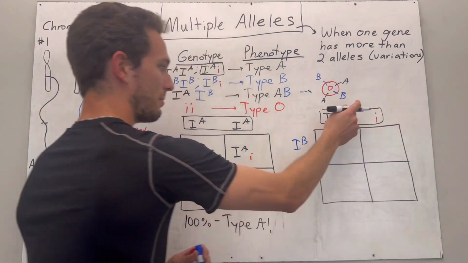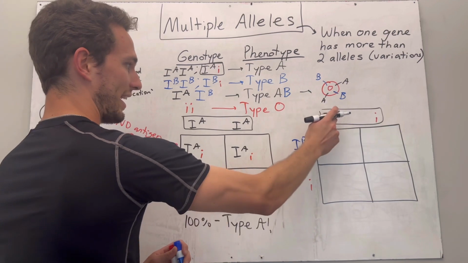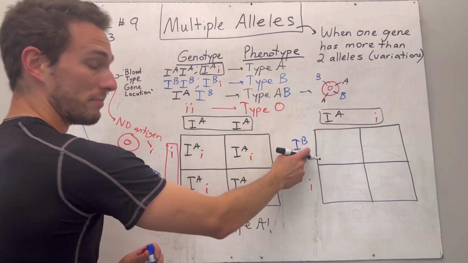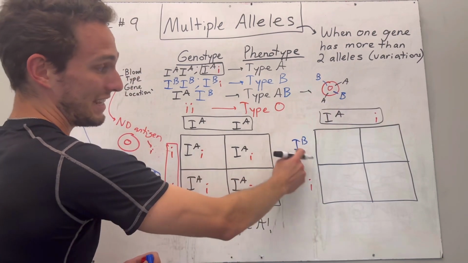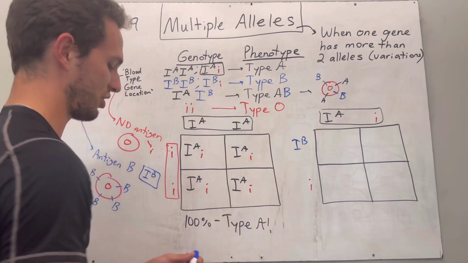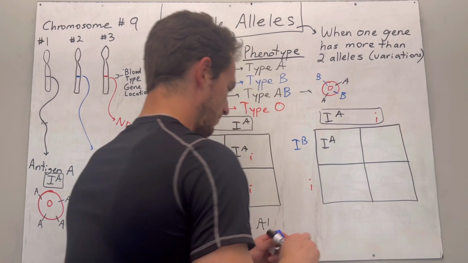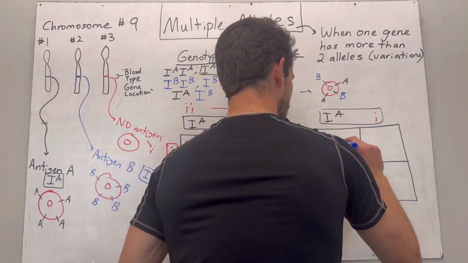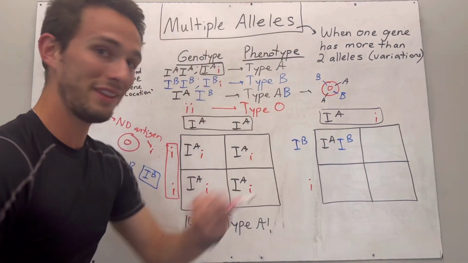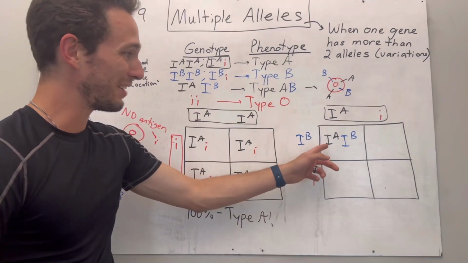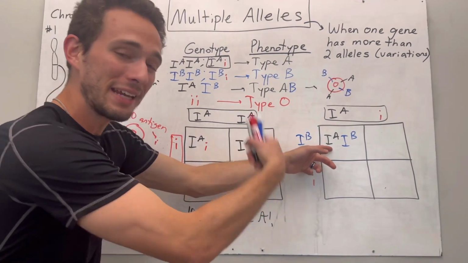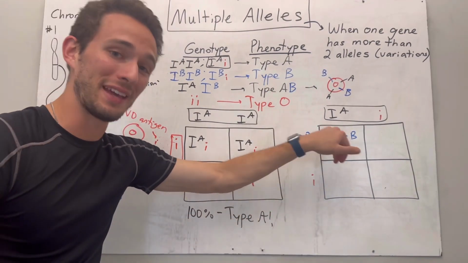Because she's got big I, big A, and a little i, showing that A antigen. Dad is type B blood because he's got that B antigen, but then a recessive not showing up. But offspring, let's check it out. The first offspring would be this. They would be big I, big A, big I, big B. That would make them type AB.